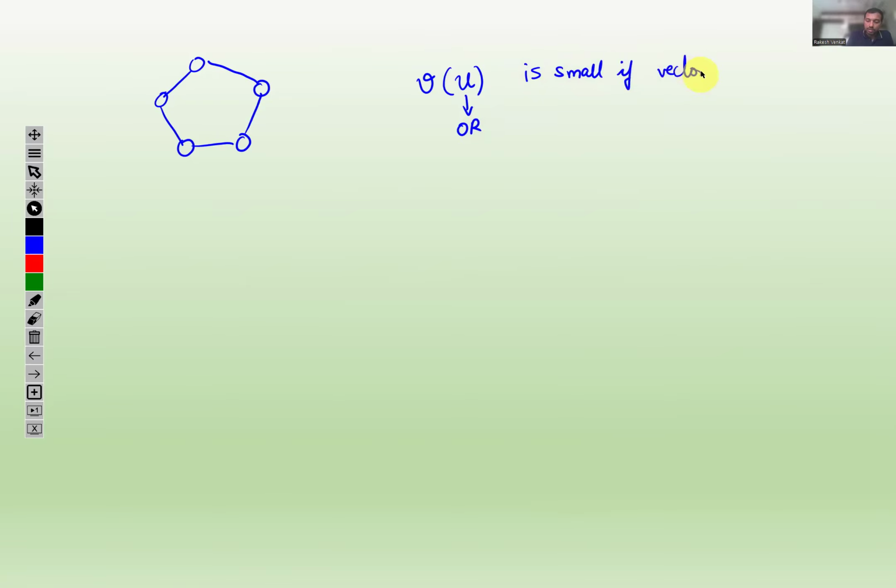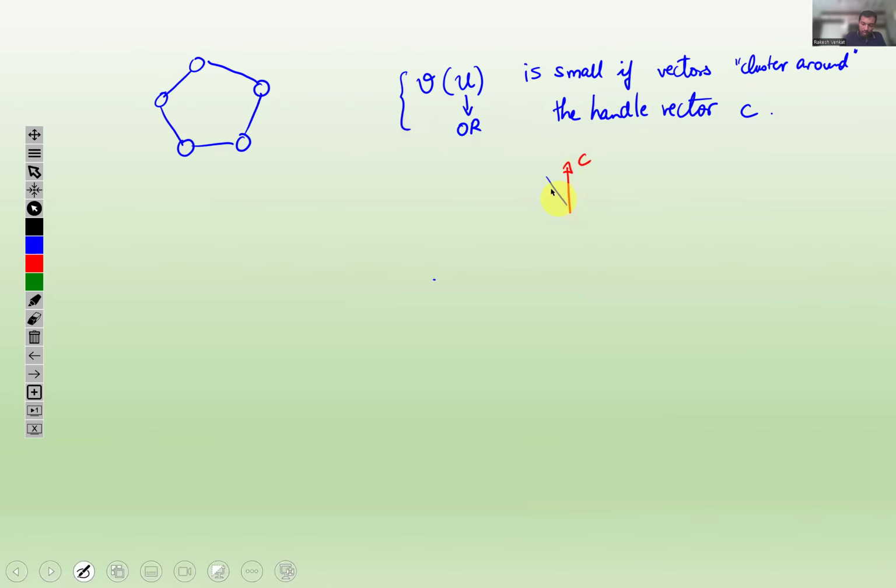If the vectors kind of cluster around the handle vector. So this was our intuitive idea that I had given for the value being small of an orthonormal representation. So you had this handle vector C, and all the other orthonormal vectors are kind of like this. So let's try to find such a representation.